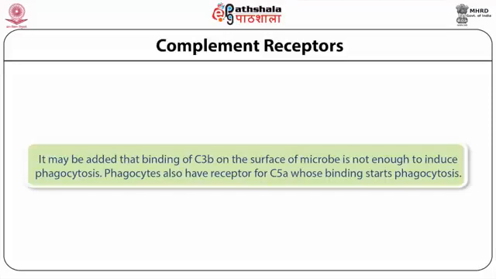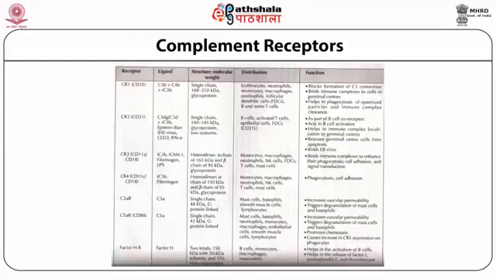Here is another slide showing the various complement receptors, the ligand, which is a part of the complement factor, and the structure and molecular weight of these receptors. The fourth column shows the distribution of these receptors on a variety of cells.